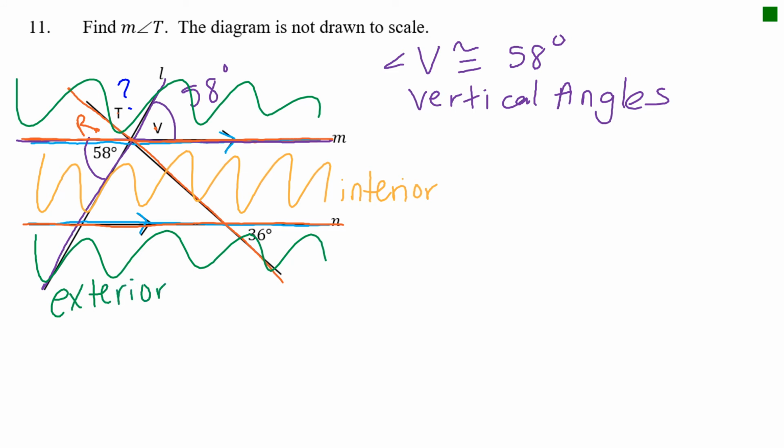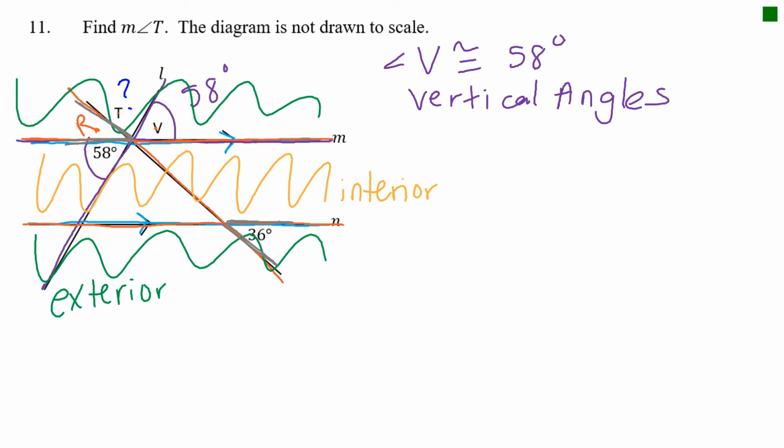If you look at angle R and you look at angle 36, this one right here and this one right here, they're both on the exterior and they're on opposite sides. R is on the upper left, 36 is on the bottom right. Those are what we call alternate exterior angles.